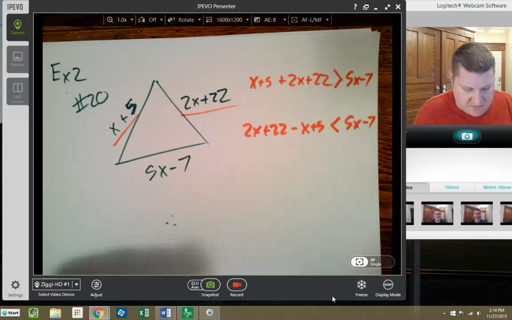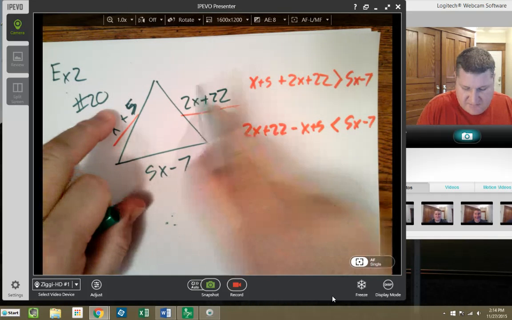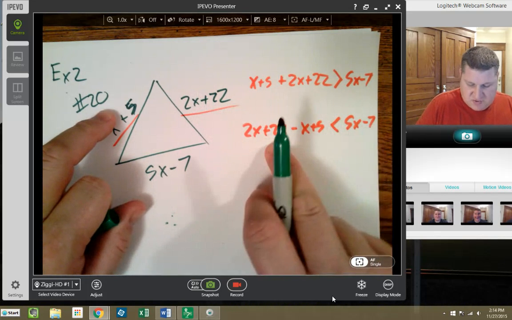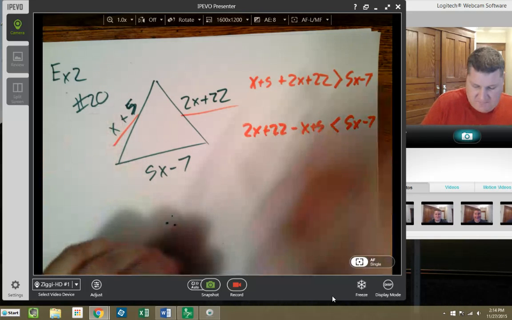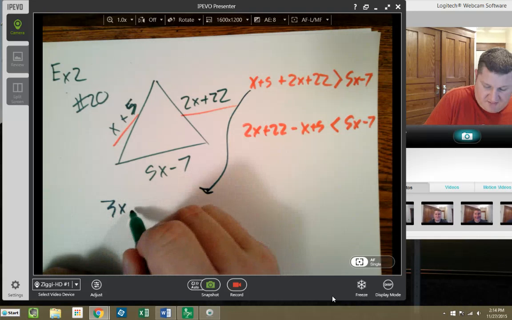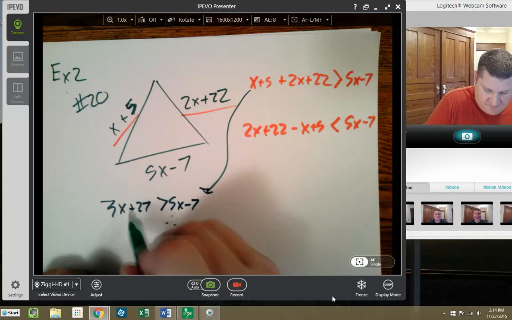So let's take a look there. In this case, say these two have to be bigger than the third side, and this side has to be bigger than the two subtracted. So let's put them together. I come up with 3x plus 27 is greater than 5x minus 7.